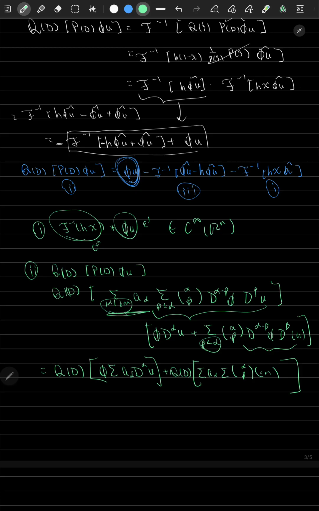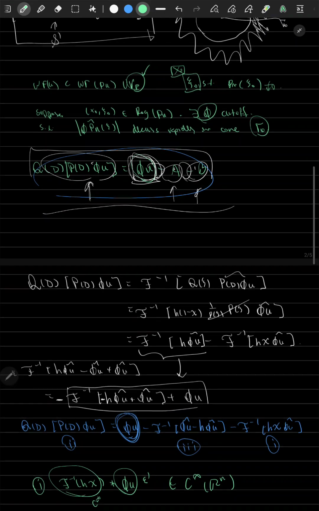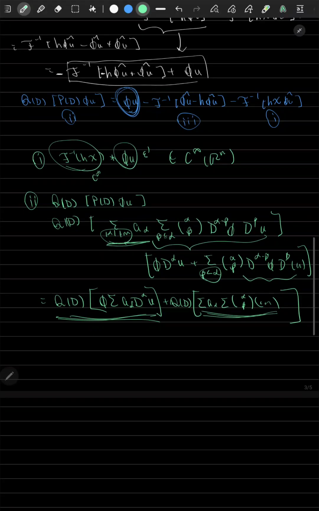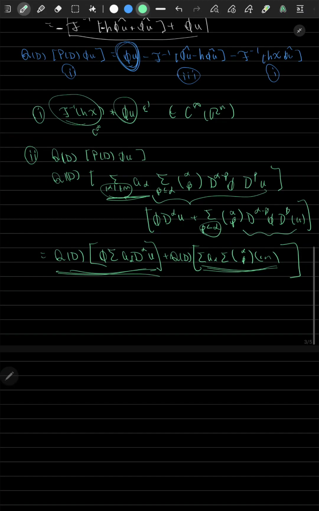So now that we have these two terms, we're going to use our facts, right? Oh, I didn't mention the facts about Q_D, so maybe I should do that now. There are two important facts about Q_D.